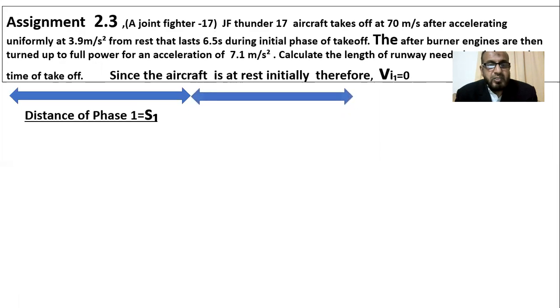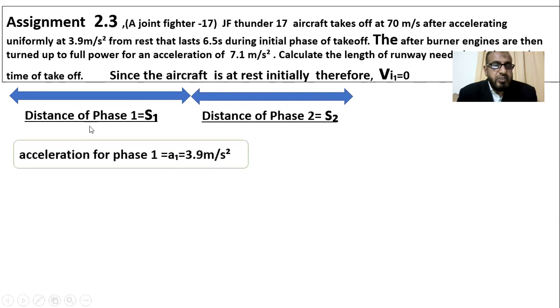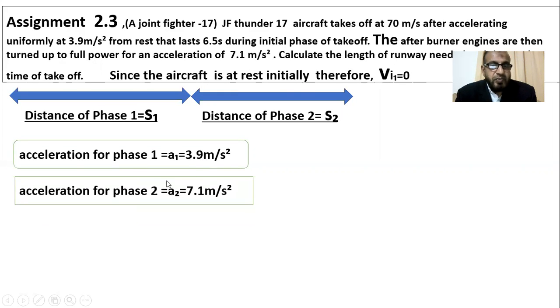The distance covered by the aircraft during the second phase is taken as S2. Acceleration for phase 1 is A1, 3.9 meters per second square, and acceleration for phase 2, which consists of distance S2, is 77.1 meters per second square.